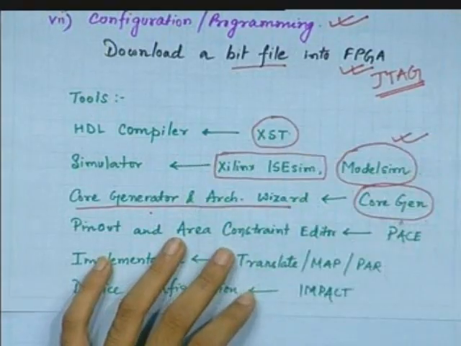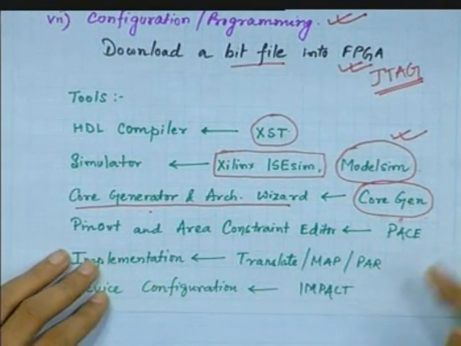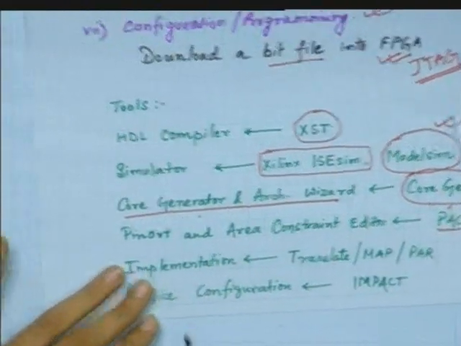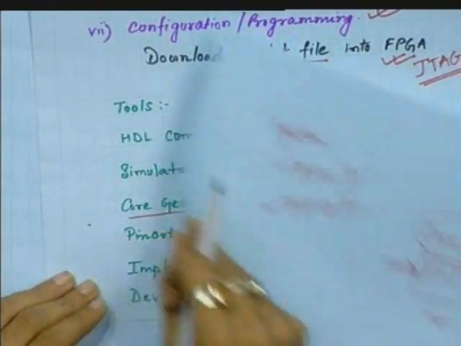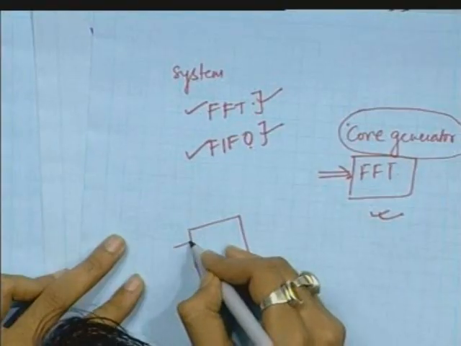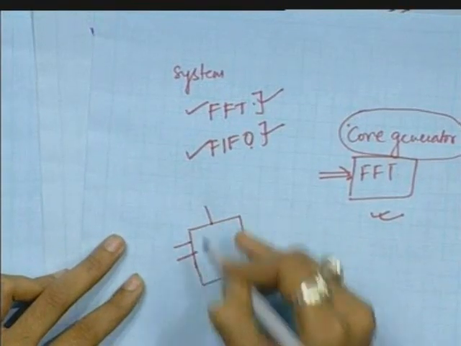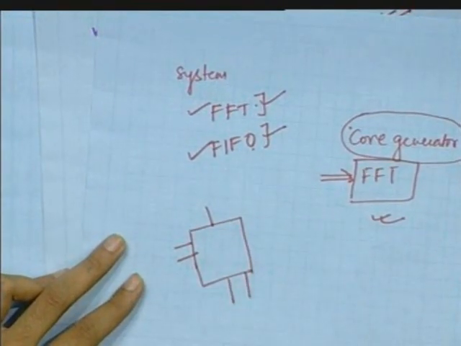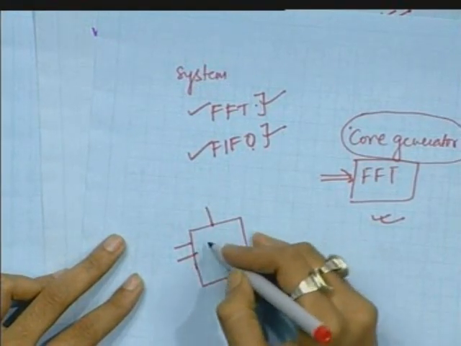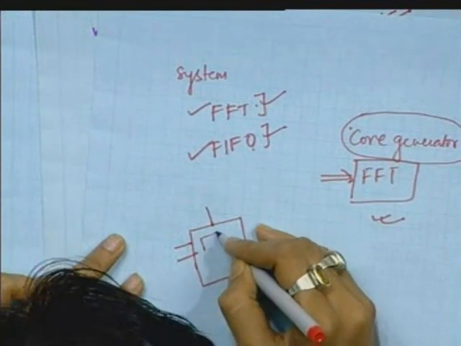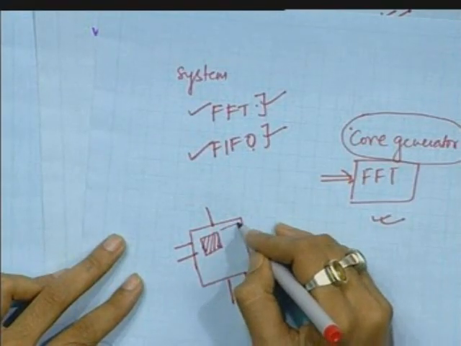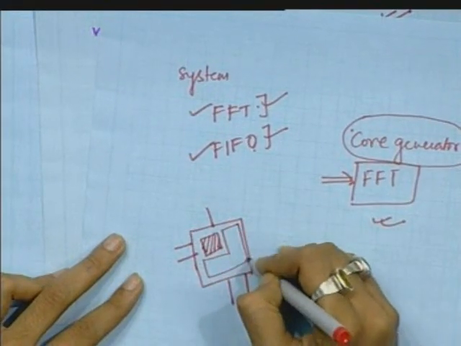Now there is another tool, PACE, the pin-out and area constraint editor. Given an FPGA, the user can specify that the input will come from these 3 pins and the output will be taken from these 2. This is the pin constraint. Then the user may say, I will implement this logic in this area only, and I will use this area for some other functions.